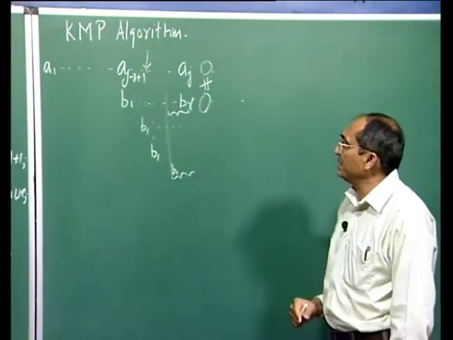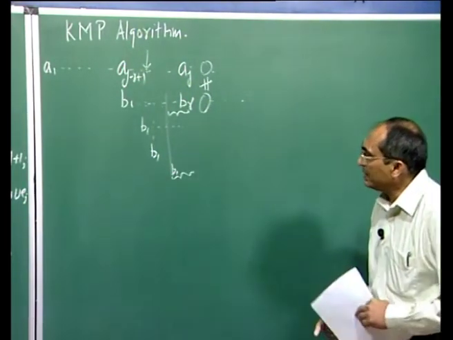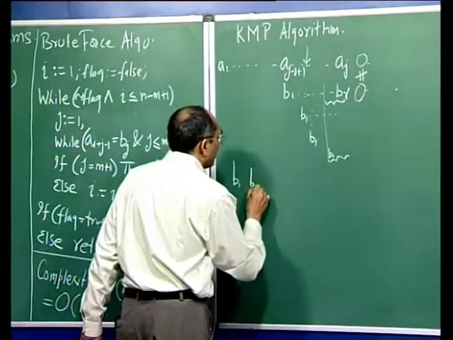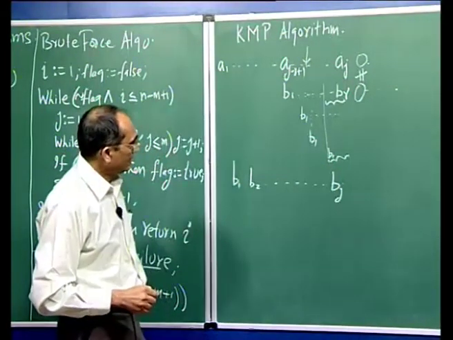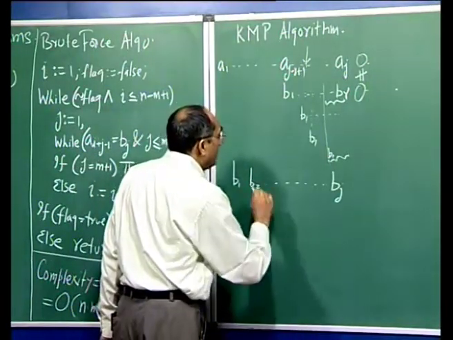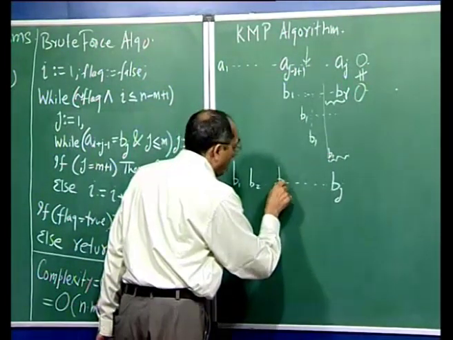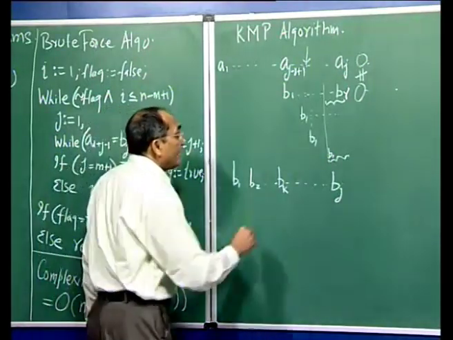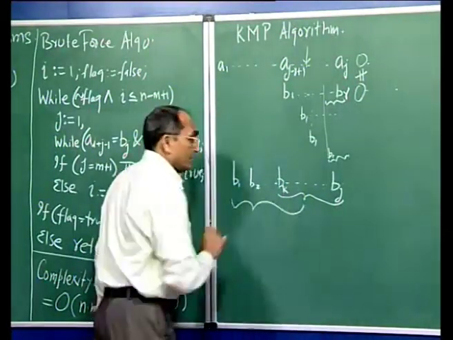And this suggests the following computation that is required. What this says is that here is B1, B2, B3, say Bj, and I would like to know what is the earliest symbol, say Bk, such that this string is same as this string.